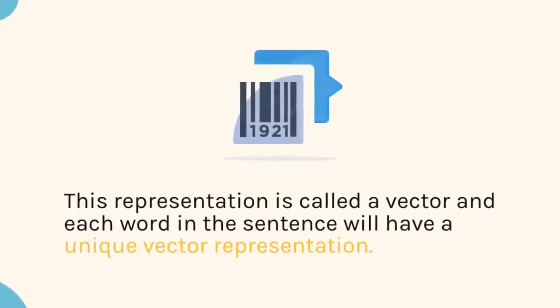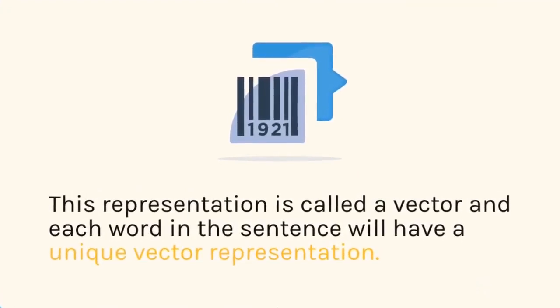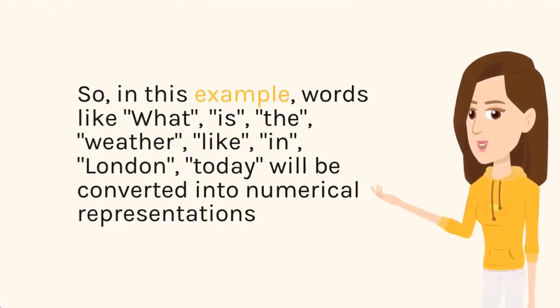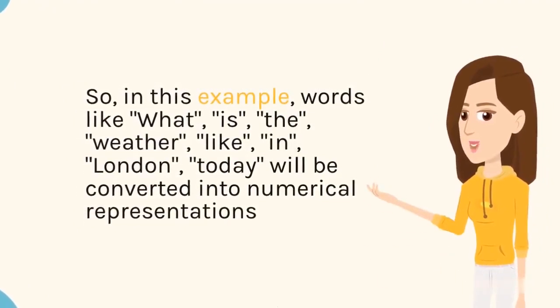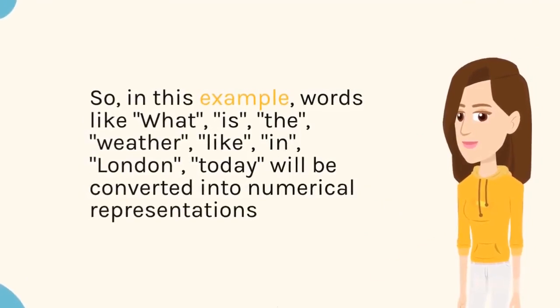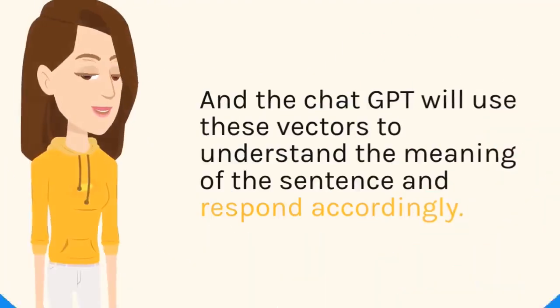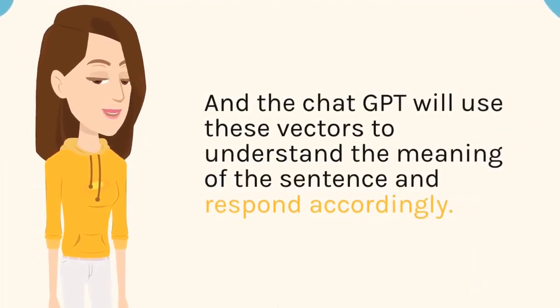This representation is called a vector, and each word in the sentence will have a unique vector representation. So, in this example, words like "what is the weather like in London today" will be converted into numerical representations. And ChatGPT will use these vectors to understand the meaning of the sentence and respond accordingly.